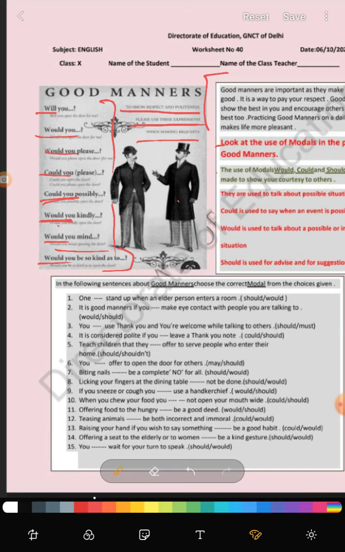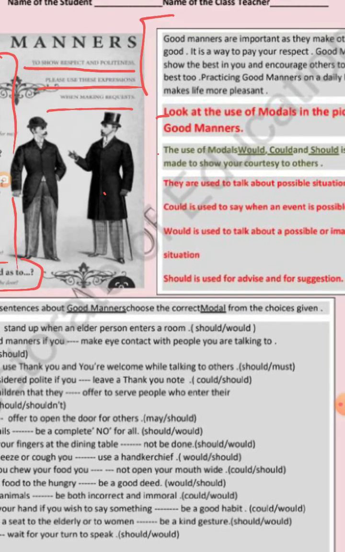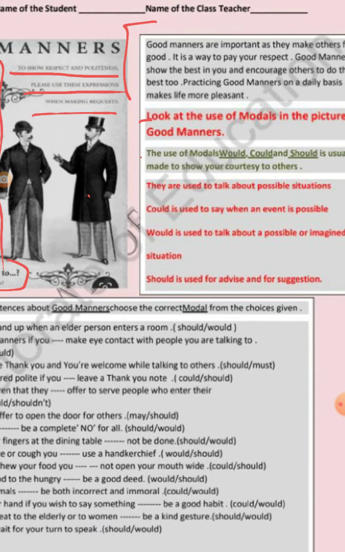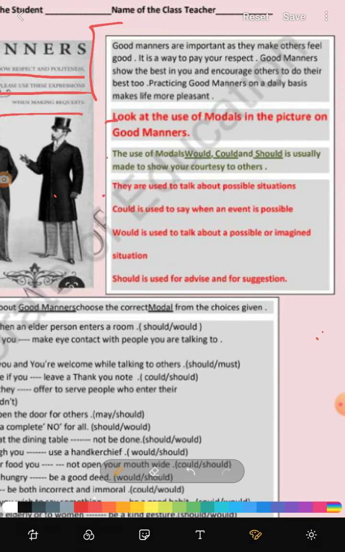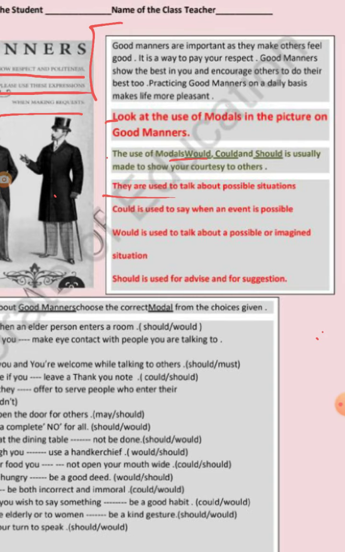Then here you are given sentences where you have to use should, would, and so on. Let's read this part first. What are they? They are would, could, and should.